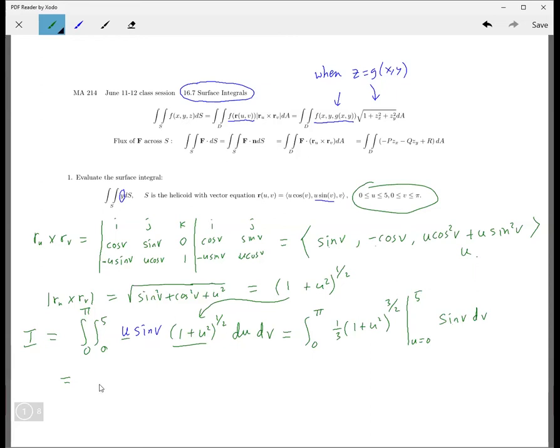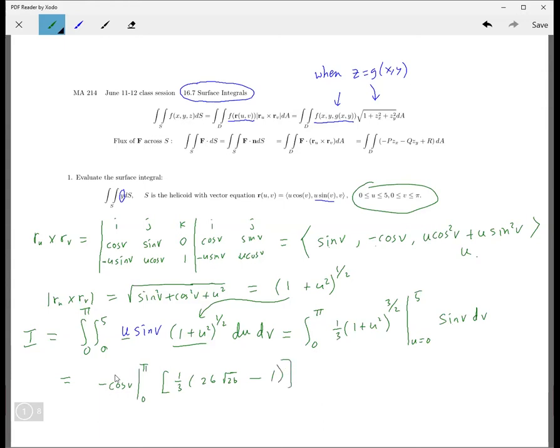So that's going to be negative cosine v, going from 0 to pi. And this part right here, if you put a 5 in, what's that, 25? Whoa. So that's 26 root 26. Minus, if you put a 0 in, that's just 1, so minus 1.